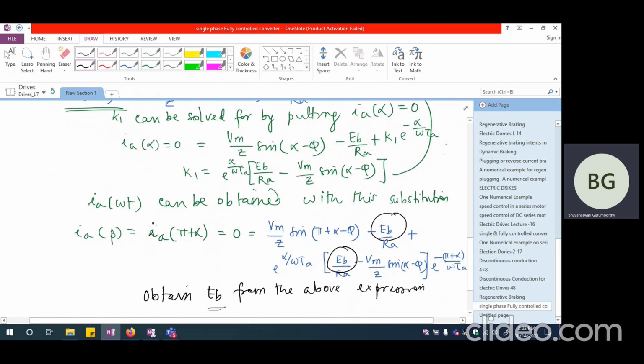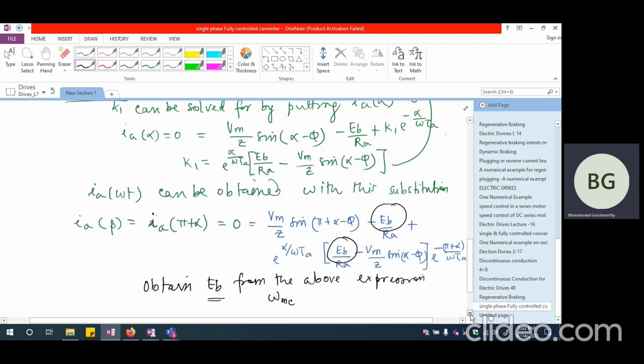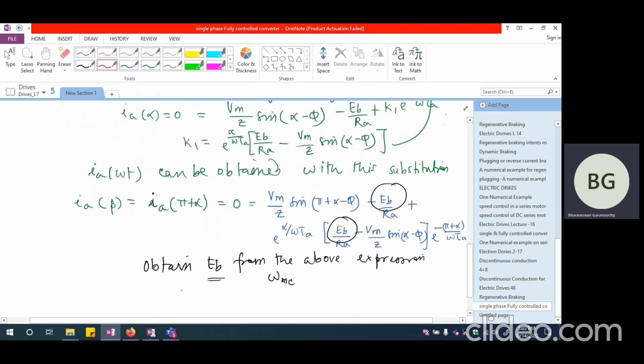Once you obtain E_b, you can get the mechanical speed which is the boundary between continuous and discontinuous conduction, which we call the critical speed. This critical speed ω_mc can be obtained after getting the expression for E_b and dividing that by K5. So this will give us the critical speed.